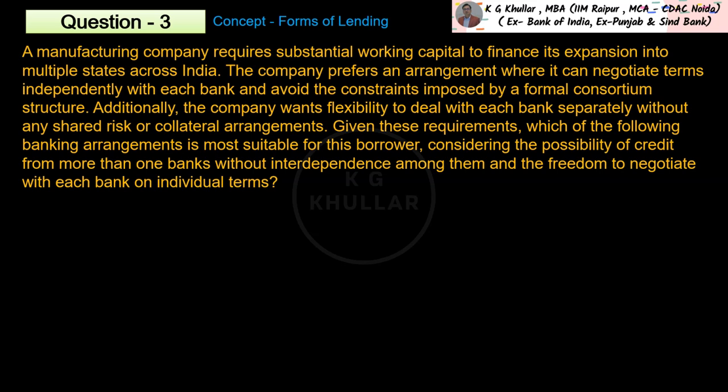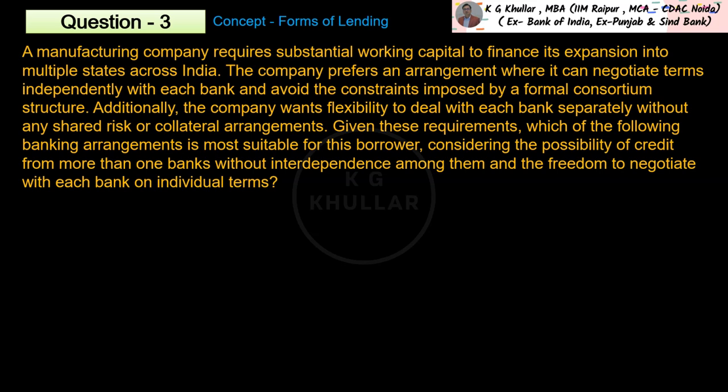Additionally, the company wants flexibility to deal with each bank separately without any shared risk or collateral arrangements. Given these requirements, which of the following banking arrangements is most suitable for this borrower, considering the credit from more than one bank without interdependence among them and the freedom to negotiate with each bank on individual terms?